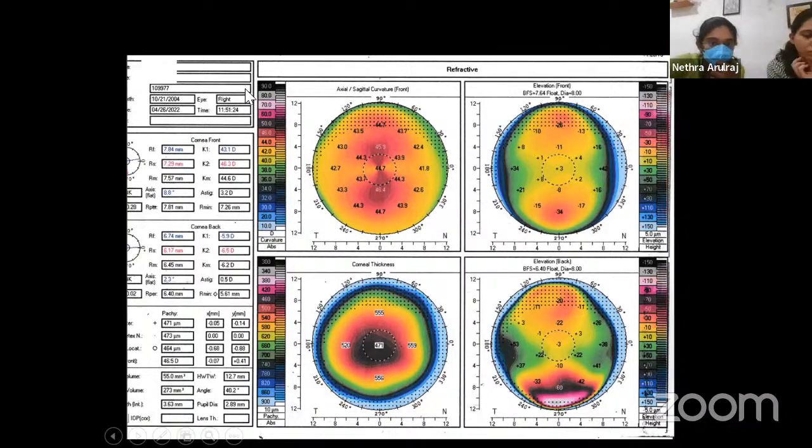This is a Pentacam image of an 18-year-old patient, Pentacam image of the right eye, with the cornea front, the K1 is coming to be 43.1, which is the flat axis, and K2, which is the steep axis, is coming to be 46.3, then astigmatism of 3.2.